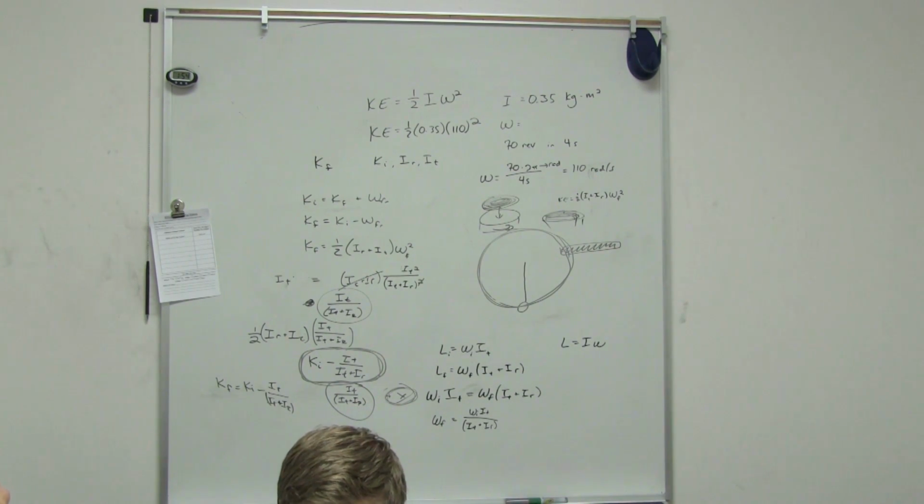Use the relationship between I and ω from the answer to the first part of this problem to express K_f in terms of K_i. Hold on, I don't get it.